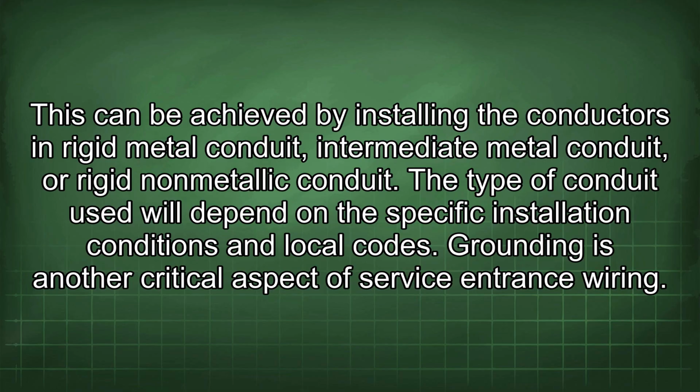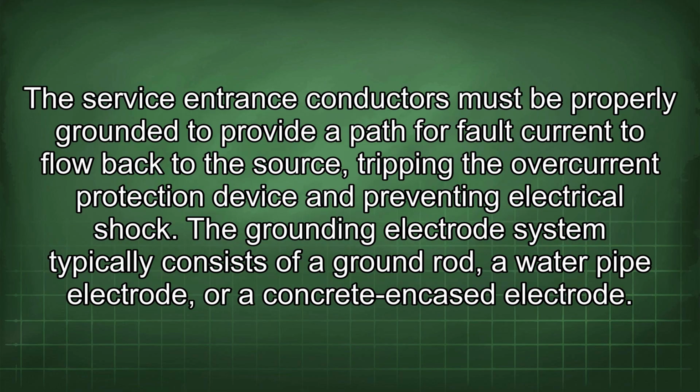Grounding is another critical aspect of service entrance wiring. The service entrance conductors must be properly grounded to provide a path for fault current to flow back to the source, tripping the overcurrent protection device and preventing electrical shock. The grounding electrode system typically consists of a ground rod, a water pipe electrode, or a concrete encased electrode.